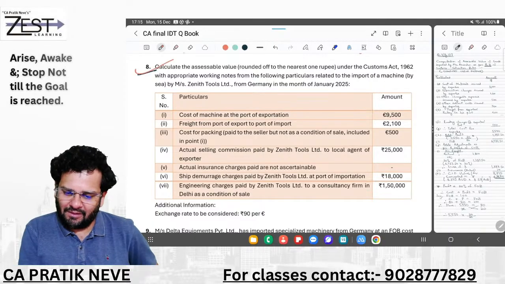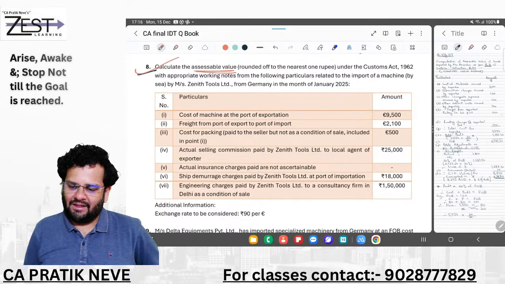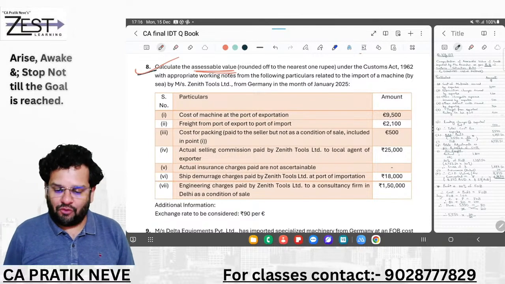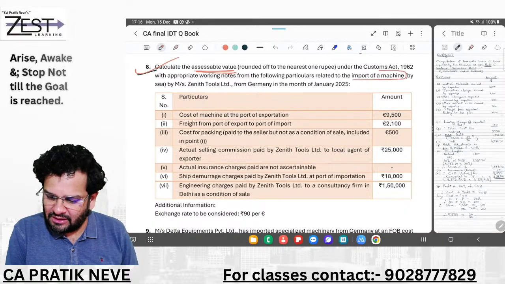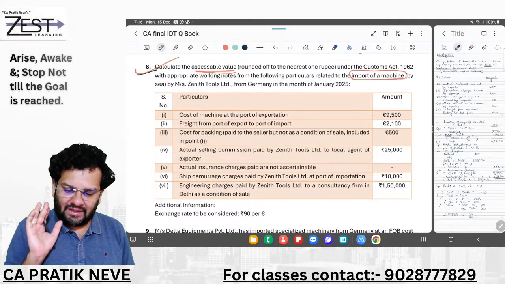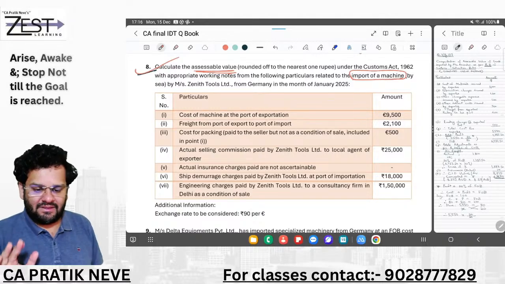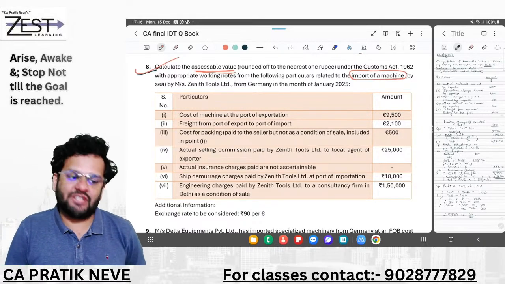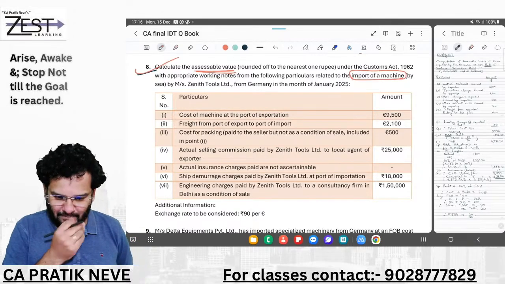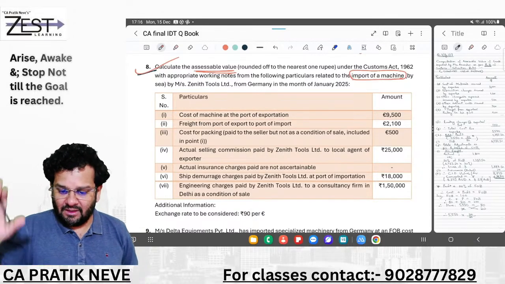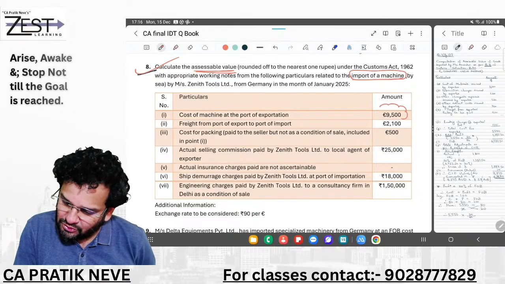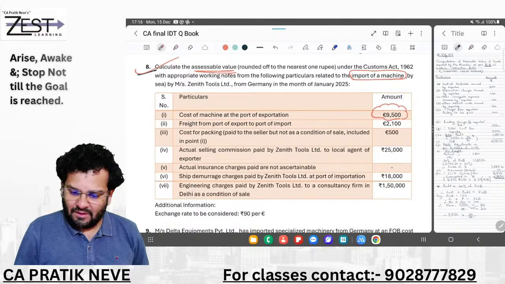Calculate assessable value under Customs Act with appropriate working notes from the following particulars related to import of a machine by sea by Zenit Tools Limited from Germany in the month of Jan. Cost of machine at the port of exportation is 9,500.